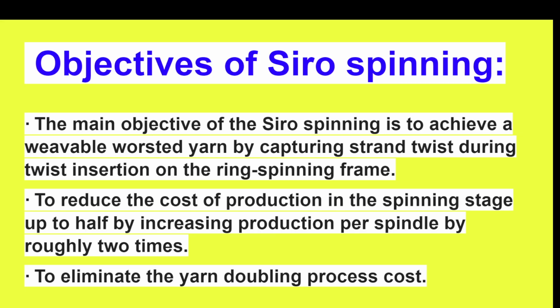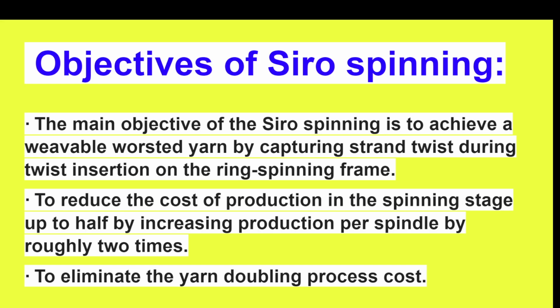Guys, as I told you, 2 rovings are fed in the Siro spinning system, and the production of the spindle gets doubled, so the spinning cost in the Siro spinning system gets reduced by half.